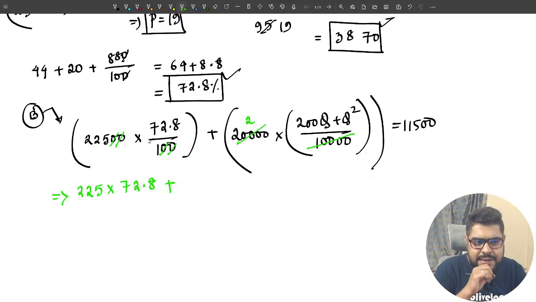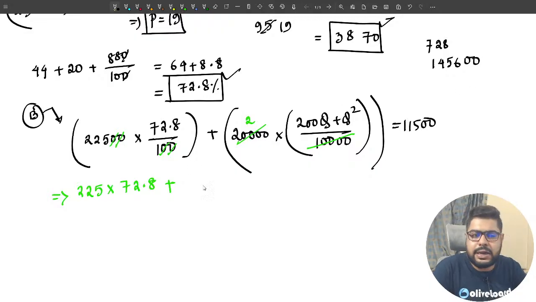Okay, let's do one thing, sir. Let's calculate this part separately. 728 into 200 meaning 1456. 200. Okay, the decimal sign we'll see to later. We will reduce one decimal. And then, sir, this thing into 25. Sir, anything into 25 means into 4 by 4.